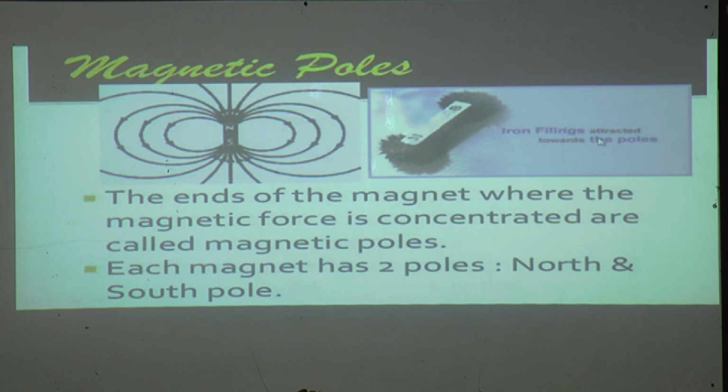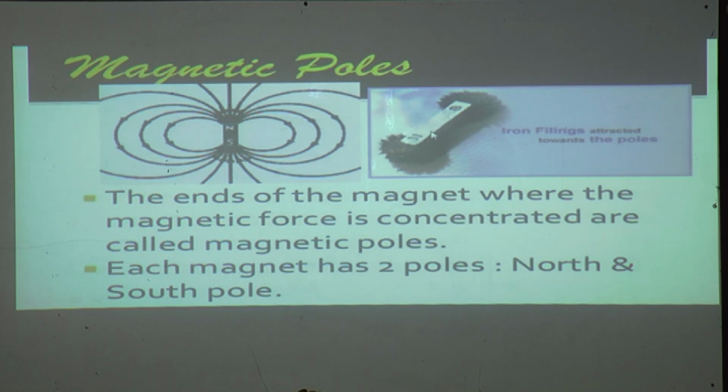Iron filings are attracted towards the poles. Most of these iron filings are attracted towards the ends only, towards the south pole and towards the north pole.